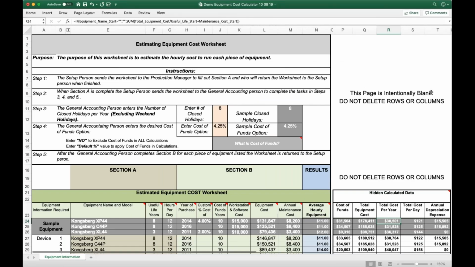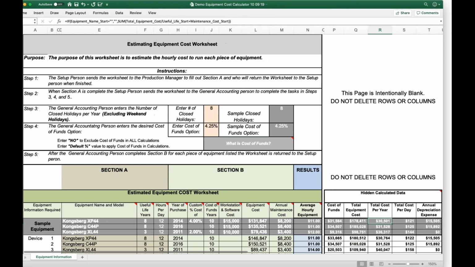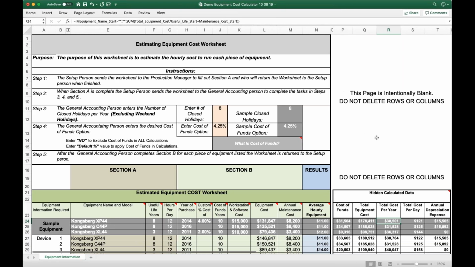We should be looking at an example now. And it's basically the same as what we looked at before. I kept the 8 hours, 4 1/4.